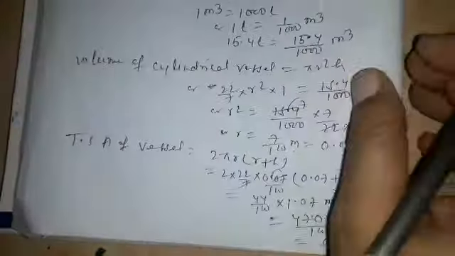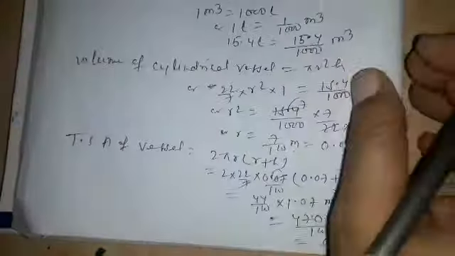Now the question is, how many square meters of metal sheet would be needed to make the cylinder? The cylinder is closed, so for finding the area of metal sheet required, we have to find the total surface area of the cylinder. Because it is a closed cylinder, it consists of 3 surfaces, and the total area is equal to 2 pi r plus h, which means 2 pi r h plus 2 pi r square.